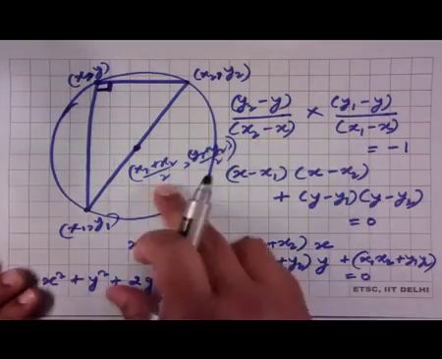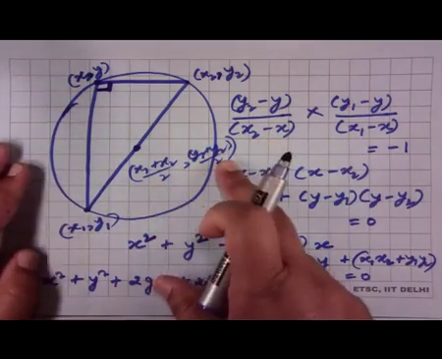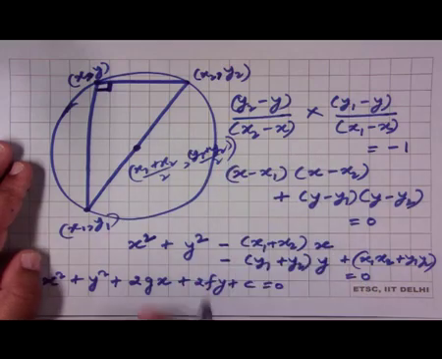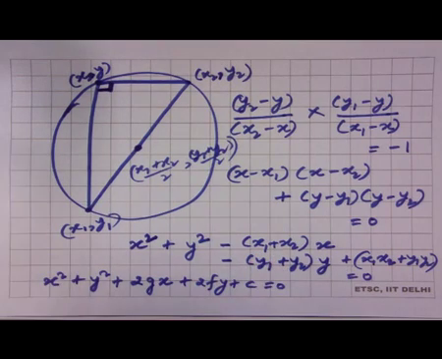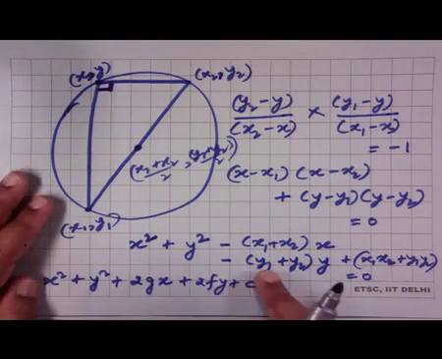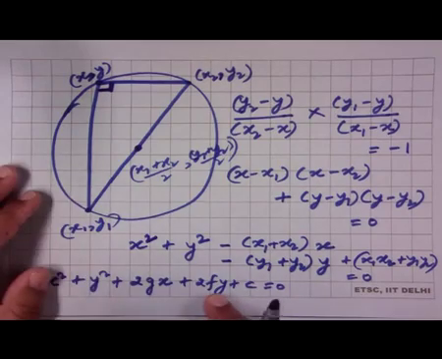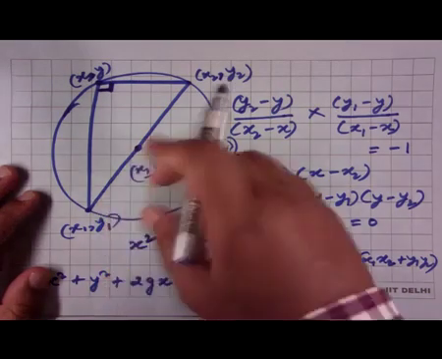The center is minus g comma minus f, and by comparing these two, g is equal to minus of (x1 plus x2) over 2, f is minus of (y1 plus y2) over 2, and similarly we can find the radius also.